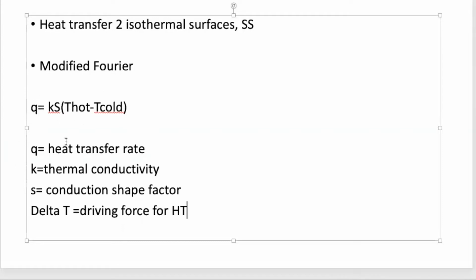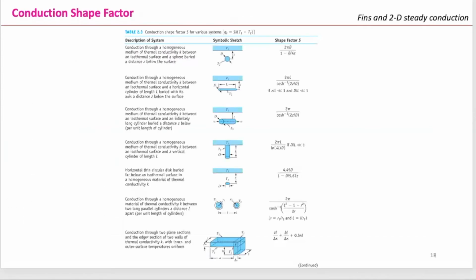And well, the only thing at this point that you don't know is where to get the conduction shape factor, because the thermal conductivity, we have tables for that, right? The delta T typically is given, and if it is not given, we can go and measure the temperature of the environment and our surface, right? So the only thing would be the shape factor, the conduction shape factor.